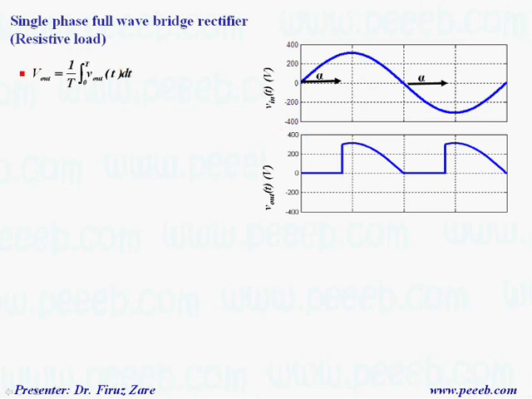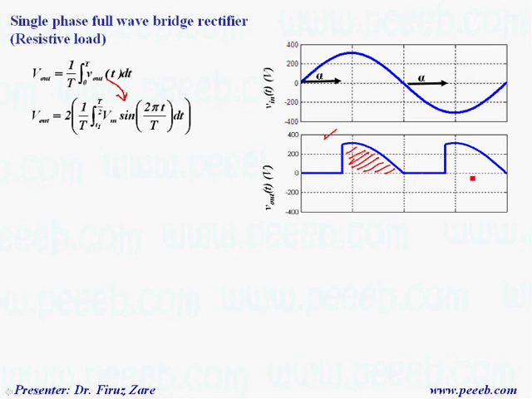So we can find the output voltage of a single phase full wave rectifier based on this equation. For example, the output voltage is basically based on this integral. Again, we can find this integral, which comes from this voltage waveform, because we have to calculate this area plus this area, which defines the output voltage.